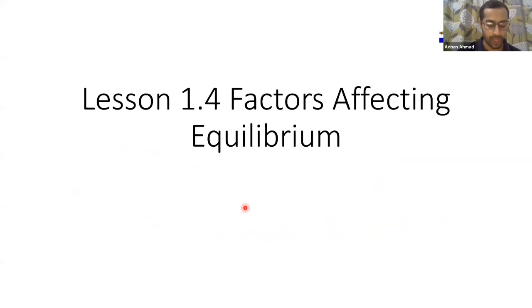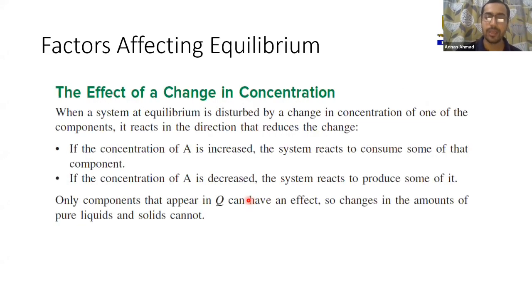So now, in our last 10 to 15 minutes, we will see how the chemical equilibrium is affected. What are the factors which are responsible for affecting chemical equilibrium? Let's talk about the concentration.